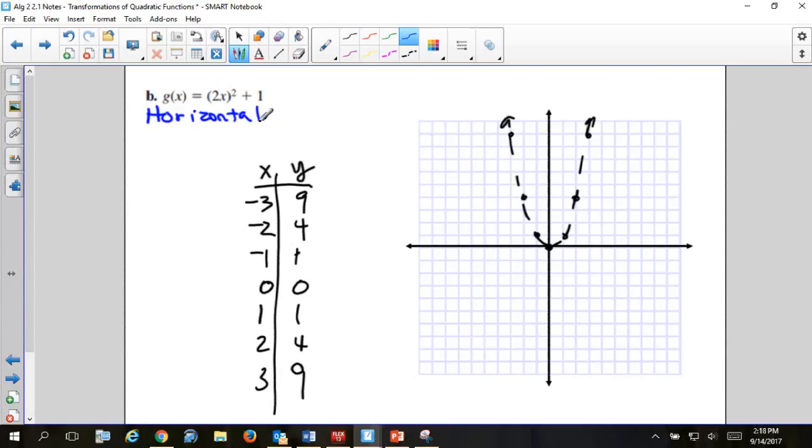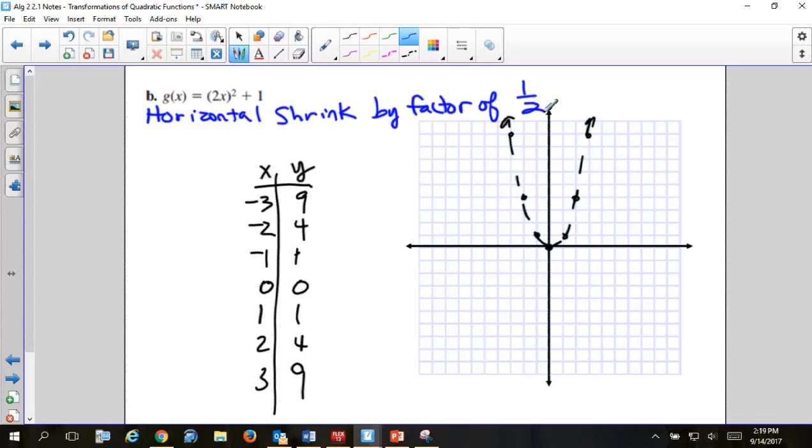if it's 2, is that going to be a stretch or a shrink? It's always opposite. So if it's 2, it's a what? Shrink, right, shrink. And then what is our factor? It's always opposite. By factor of half.